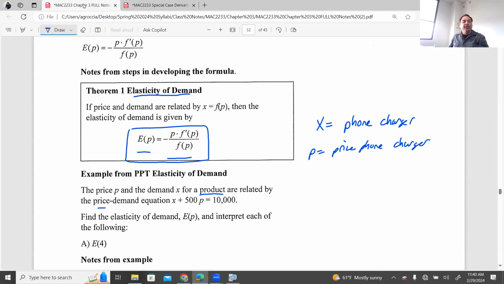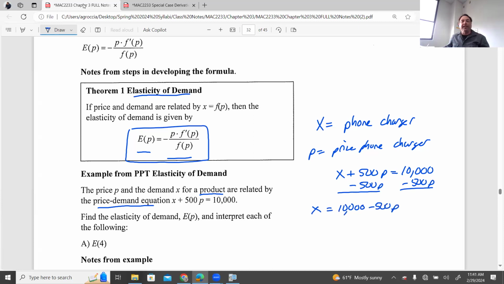And you are given the price demand equation to be X plus 500P equals 10,000. So you could be given it looking like this, but the way I would normally give it to you is as X equals 10,000 minus 500P. You want it in terms of X, which is demand, how many phone chargers.